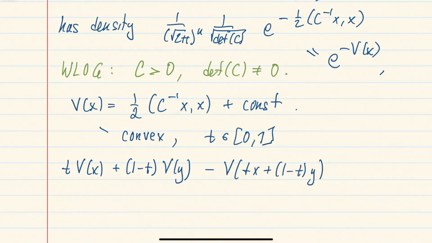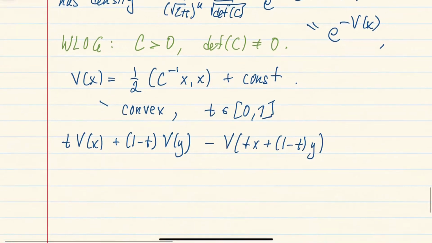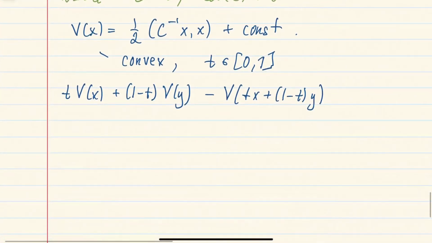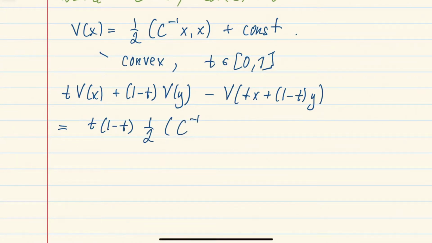In this particular case, you can just plug in and simplify. I'm going to skip this calculation, but if you just expand these quadratic forms, you will see that this is equal to t(1 minus t) times this quadratic form on x minus y.